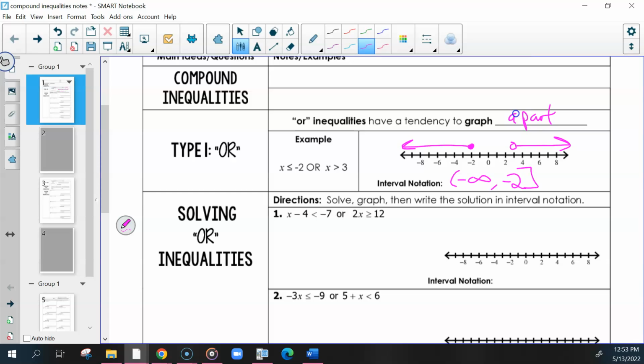And that would be a bracket. Or it would start again at 3 and that is open, so we're going to use a parenthesis. And keep going to positive infinity. So it would only be a bracket, and only on the number.